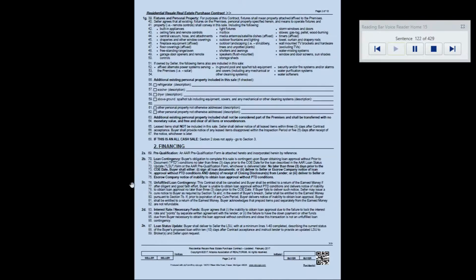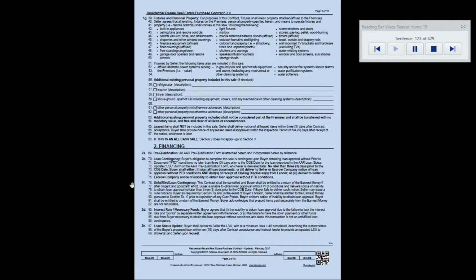2C. Unfulfilled loan contingency. This contract shall be cancelled and buyer shall be entitled to a return of the earnest money if, after diligent and good faith effort, buyer is unable to obtain loan approval without PTD conditions and delivers notice of inability to obtain loan approval no later than 3 days prior to the COE date. If buyer fails to deliver such notice, seller may issue a cure notice to buyer as required by Section 7N.